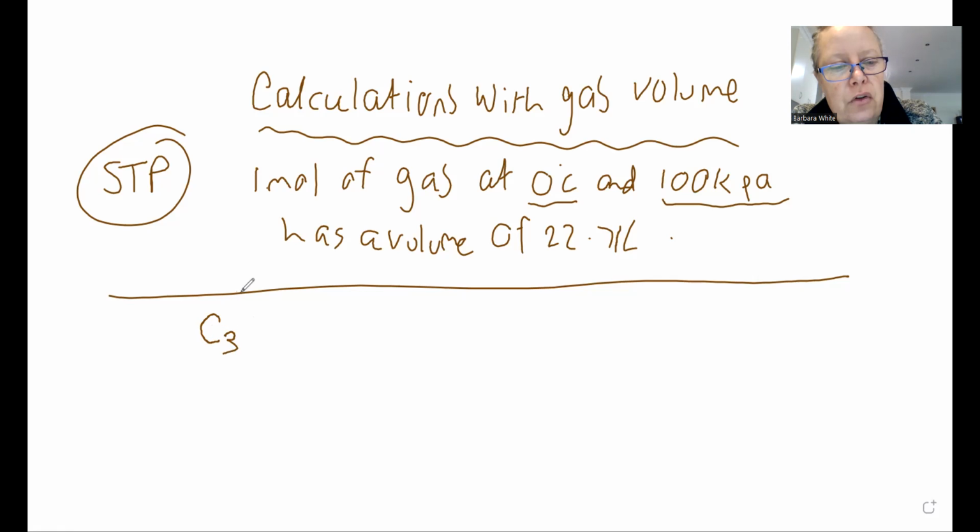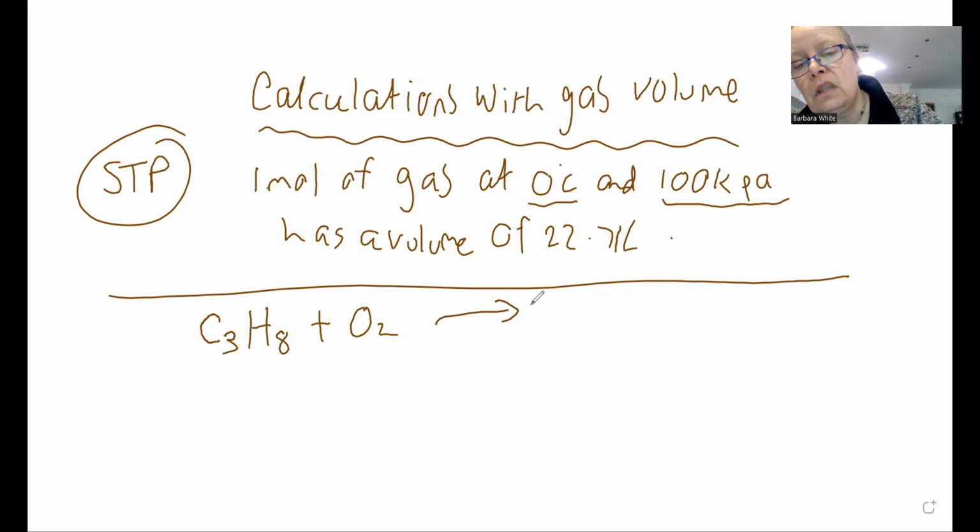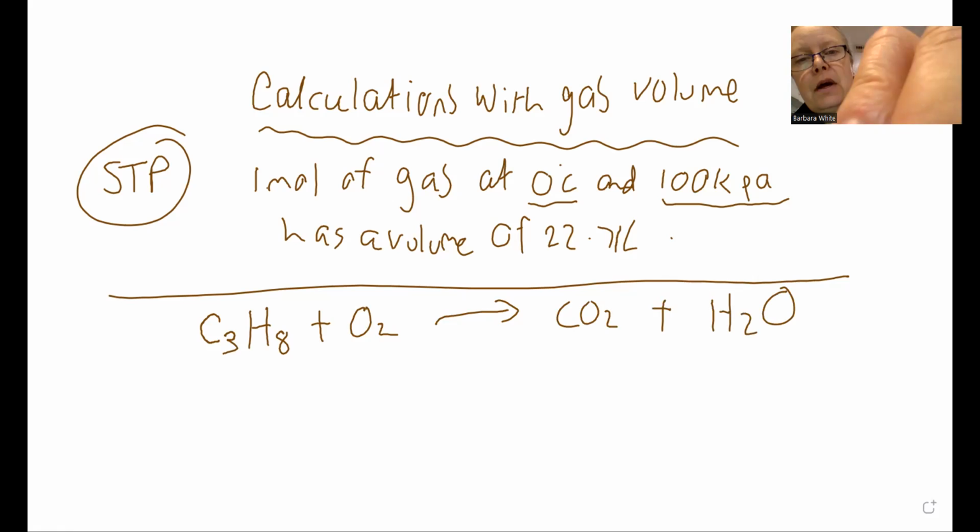So it's going to have 8 hydrogens, C3H8. If you're not sure, draw it. Plus O2 gives CO2 plus H2O. All right, and then we balance it.